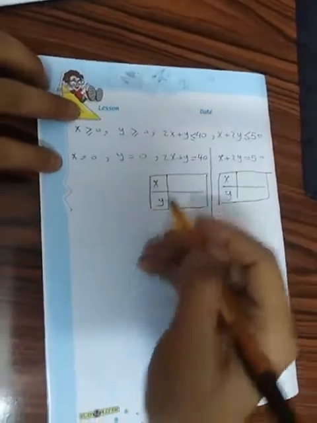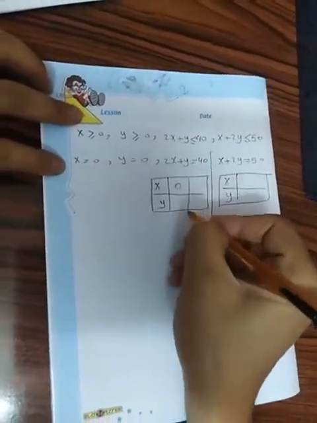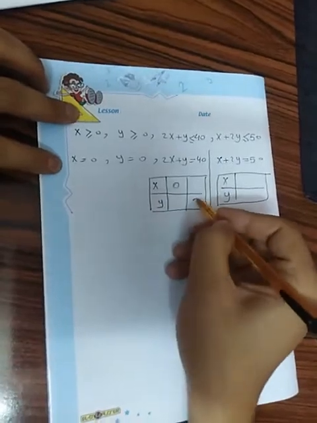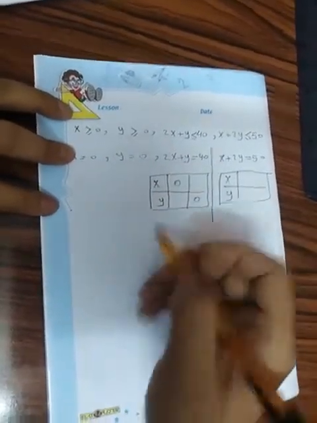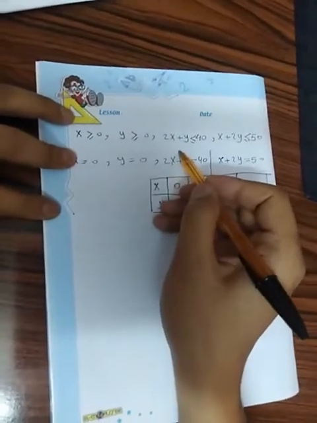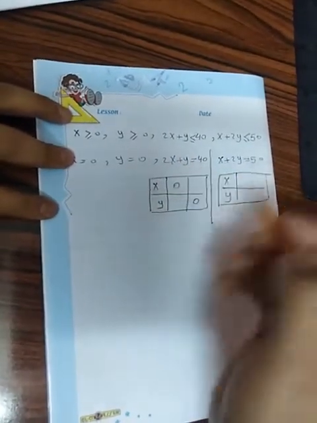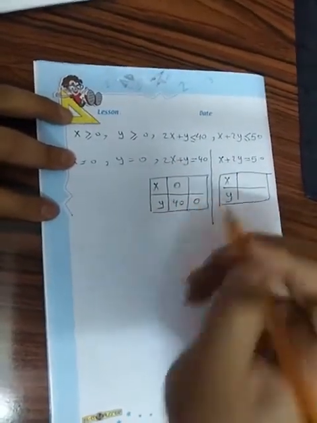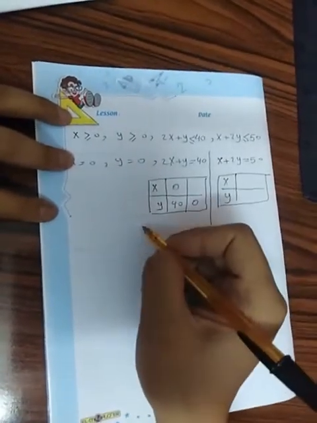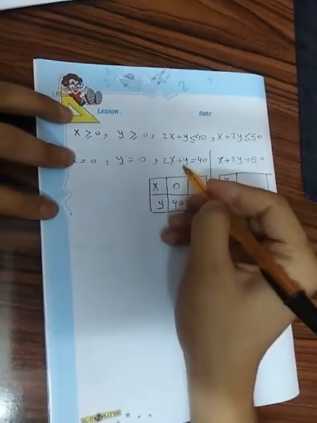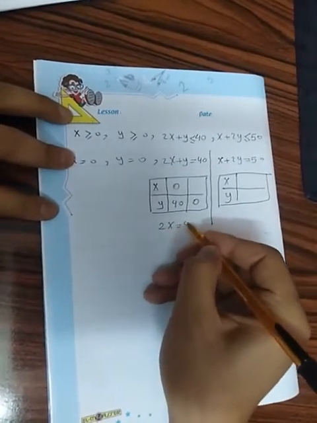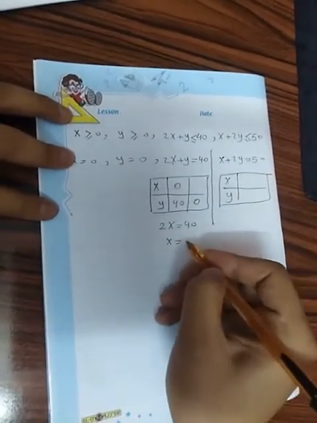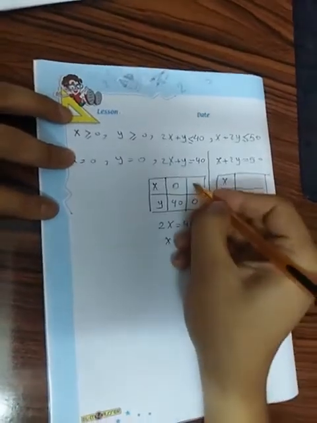To form this table, put x equals 0, get y; put y equals 0 and get x. Put x equals 0 here: 2 times 0, 0, plus y equals 40, so y is 40. Put y equals 0: 2x equals 40, then x equals 40 divided by 2 equals 20.